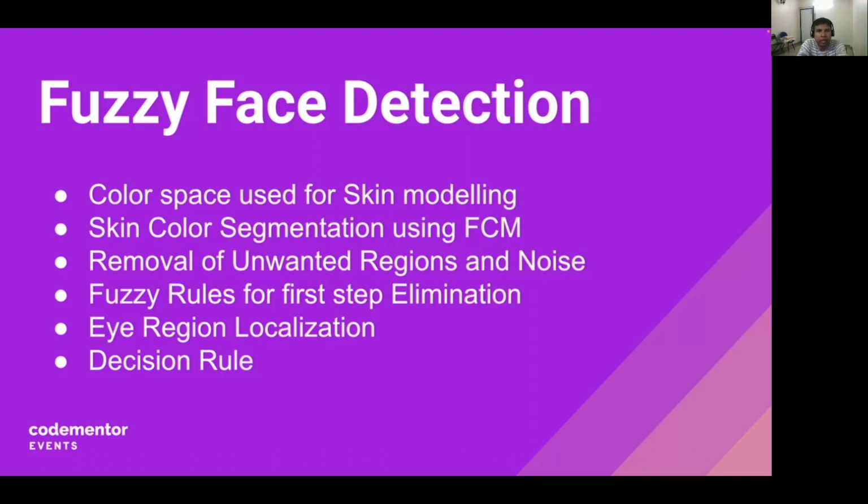After that we do unwanted regions removal, and then we apply a set of fuzzy rules, meaning not discrete values, not something hard coded. Further we do the eye region localization, and based on the region localization we have a decision rule to decide whether a face is predicted or not in the input image.